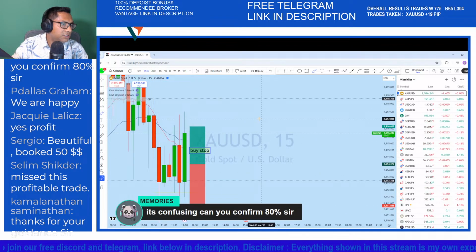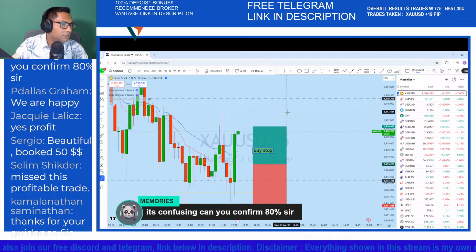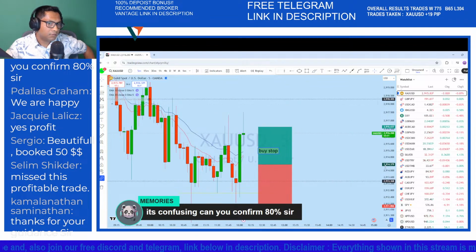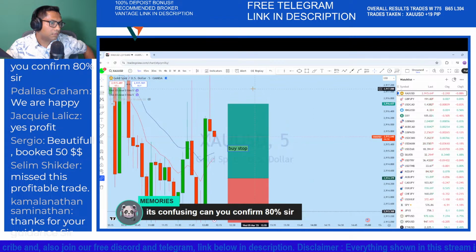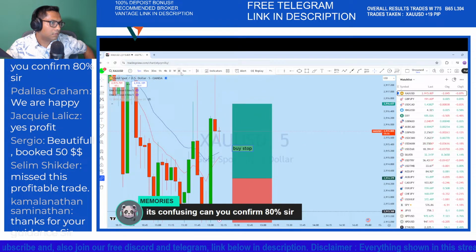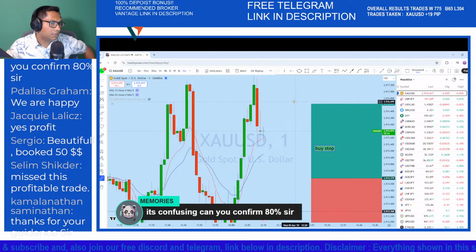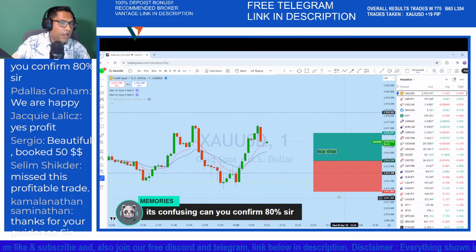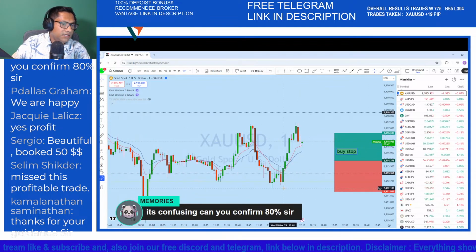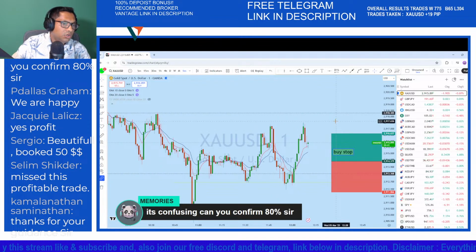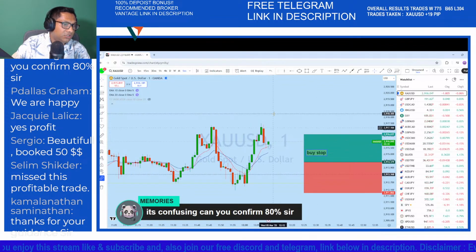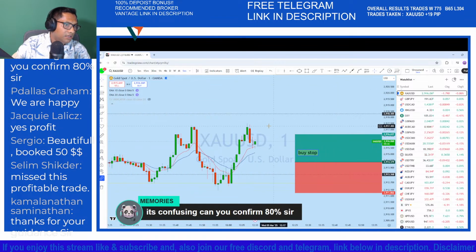Okay, so here there's a doji, and you guys can see that there is a break again, and there is another double bottom and then breakout. So now the question is whether the trend continues to the upside or comes down again.